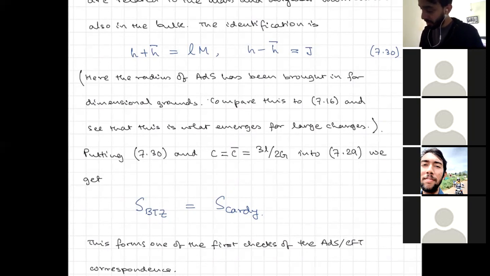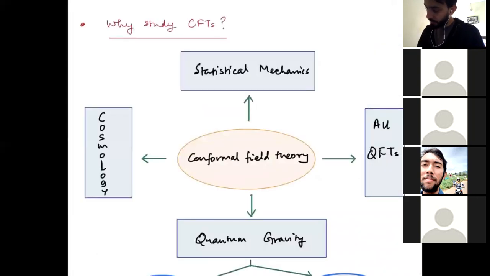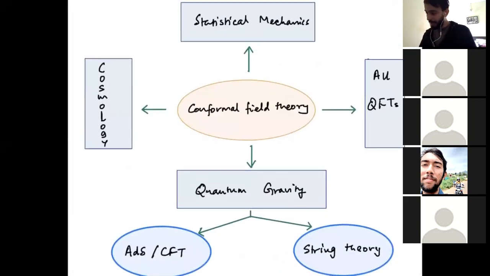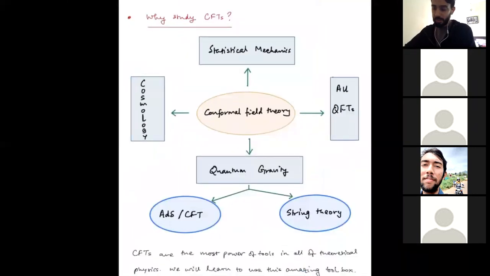Let me just stop with this particular thought where we had begun. This is where we began our course, so let's remind ourselves of this. We have seen how CFTs are linked to all quantum field theories by these renormalization group flows and so on, which we spoke about earlier.